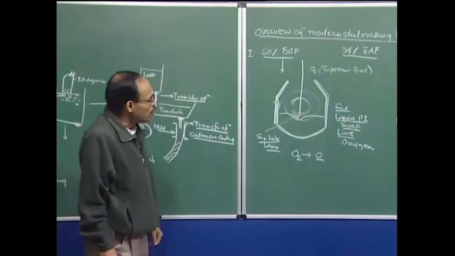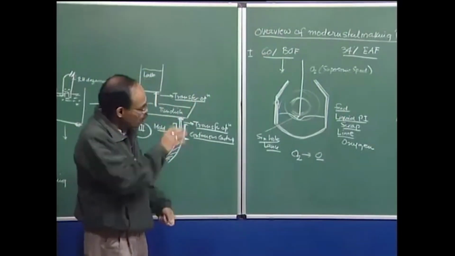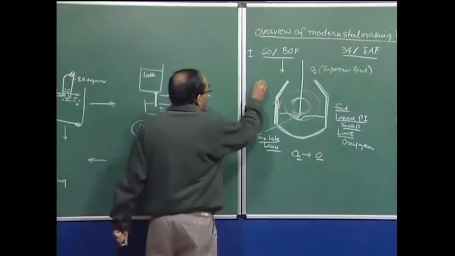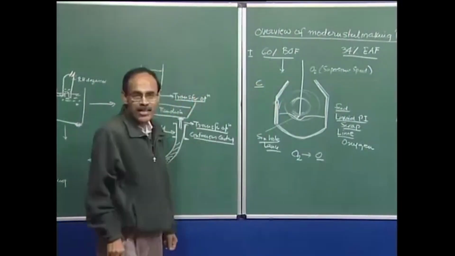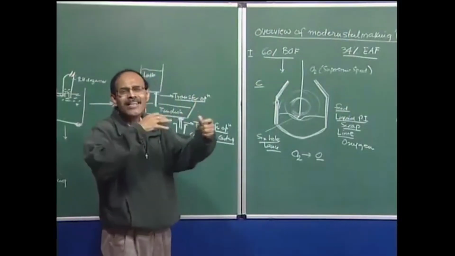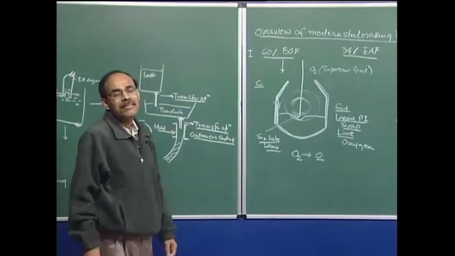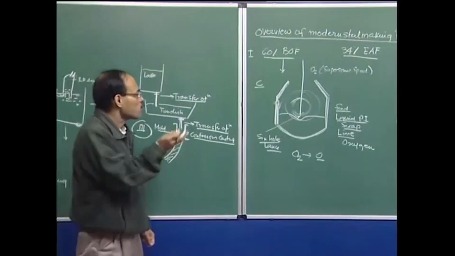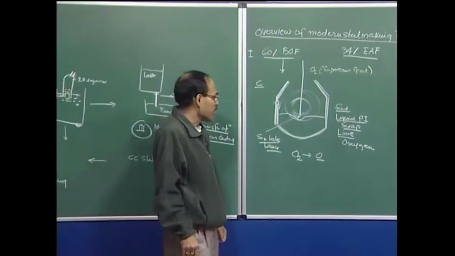And therefore, today the economics of steel making is such that it demands that we consider only decarburization in the primary steel making vessel. Forget about other adjustments like desiliconization. Silicon of course will get removed, and dephosphorization and desulfurization to a significant extent.